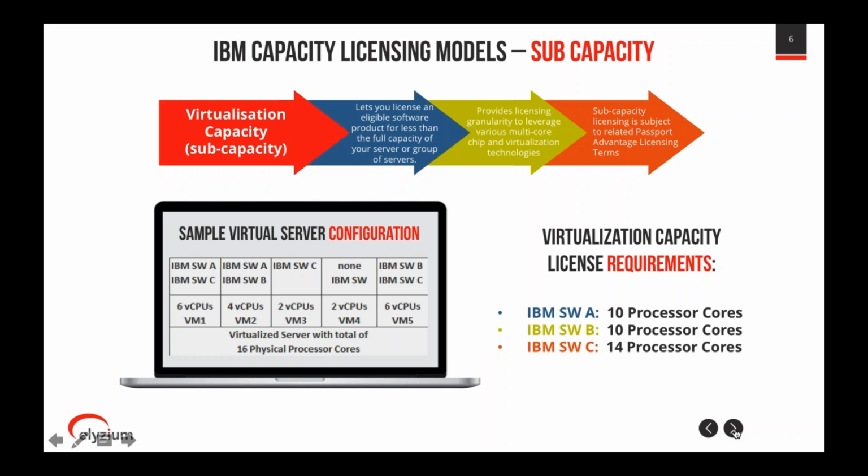In subcapacity terms, you would only license 10 cores for software A, 10 cores for software B, and 14 cores for software C. And there can be significant savings using the subcapacity model, which is widely used by the majority of IBM customers.